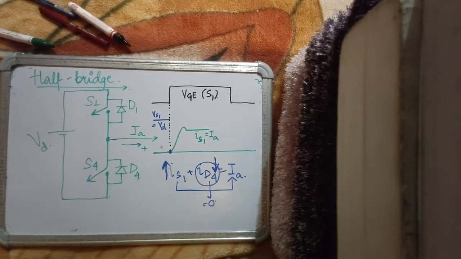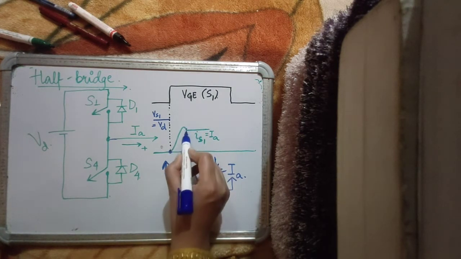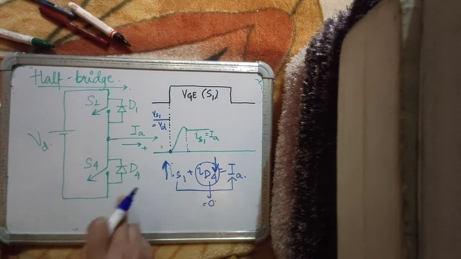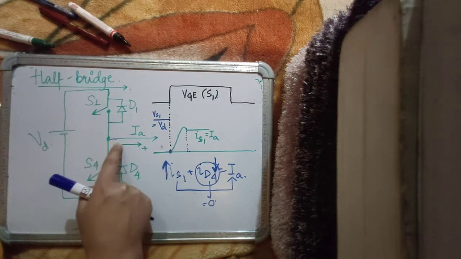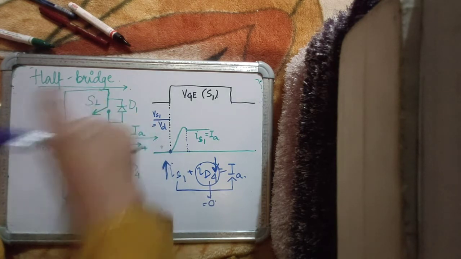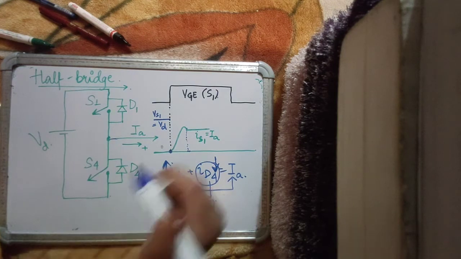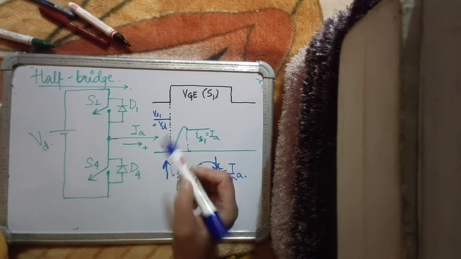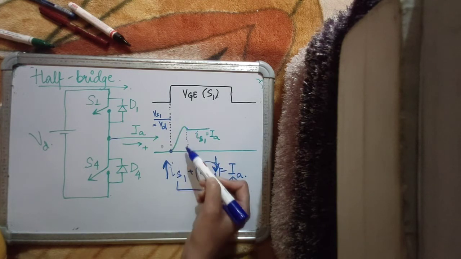Now, it also means that from here all the way up till here, D4 is continuously in conduction. And when D4 is in conduction, it also means that the voltage across device S1 is still equal to VD. Previously we assumed that as soon as the current starts rising, the voltage starts falling.